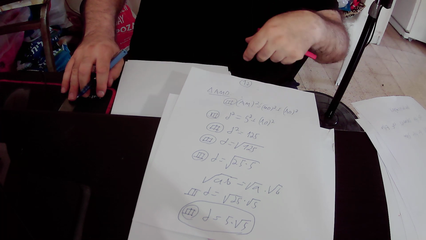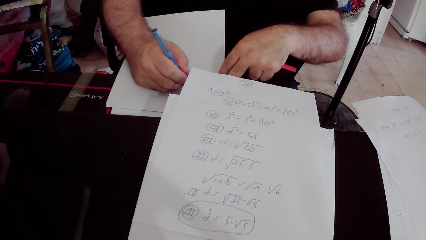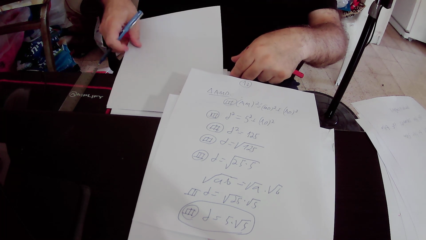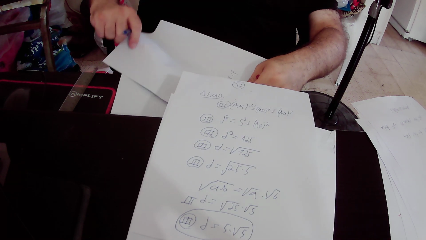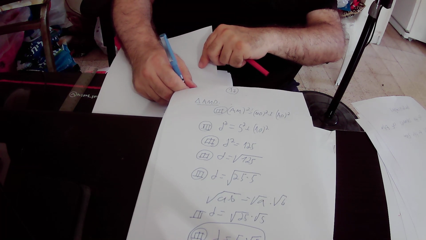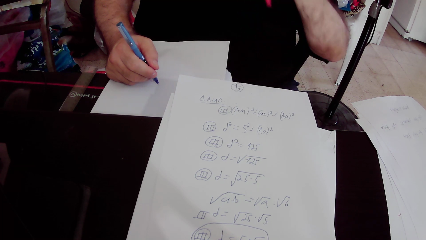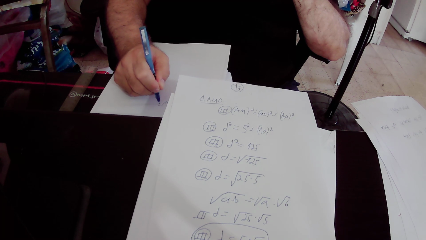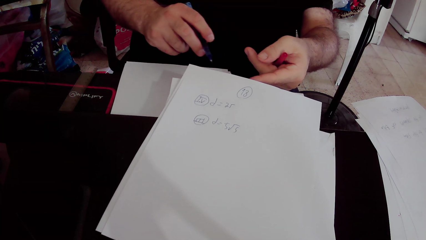As you already know, the diameter equals 2 times the radius. Again, the diameter equals 2 times the radius.